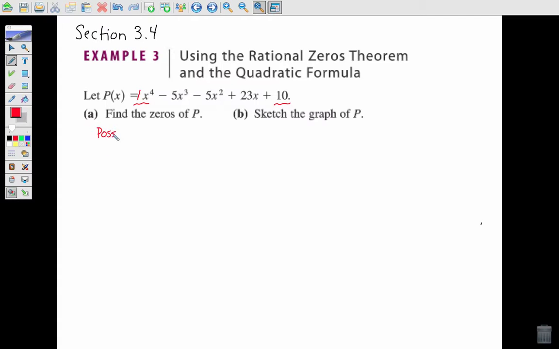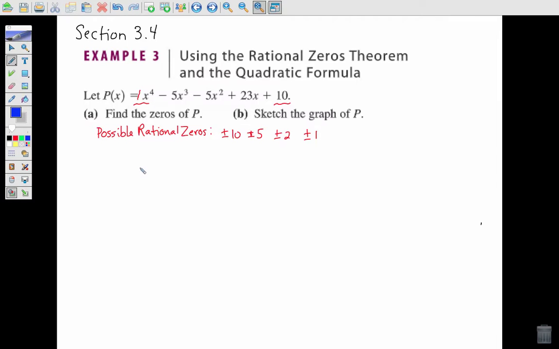So our possible rational zeros are going to be plus or minus 10, plus or minus 5, plus or minus 2, plus or minus 1. And since we have a coefficient of 1 here, we don't need to divide by anything else. So we have 8 possible rational zeros.